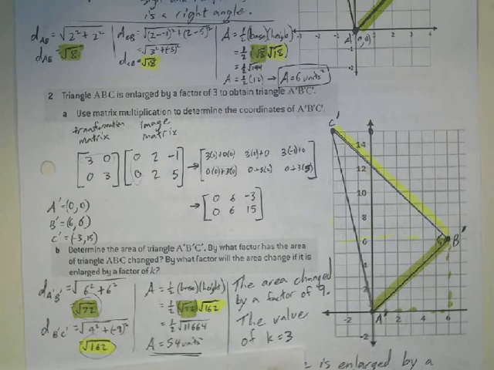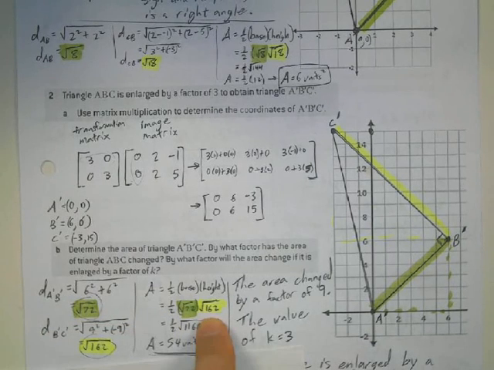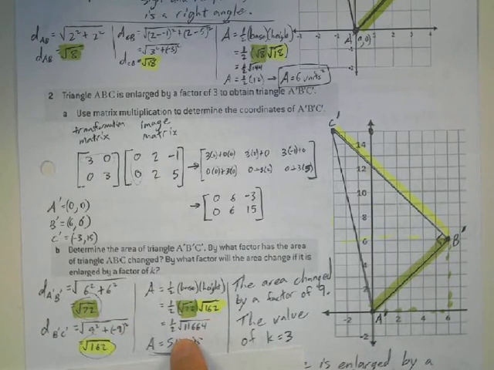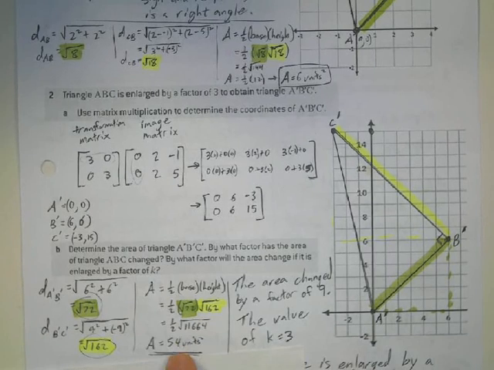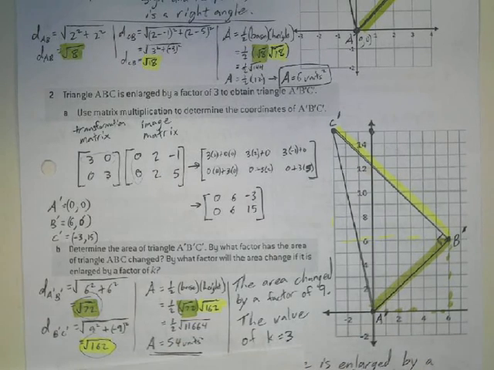And square root of 72 times the square root of 162 gives me square root of 11664. Take the square root of that and divide it by 2, we get 54. So this new area is 54.